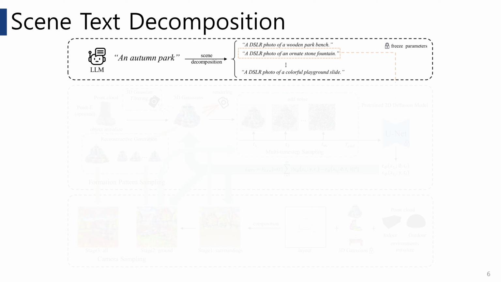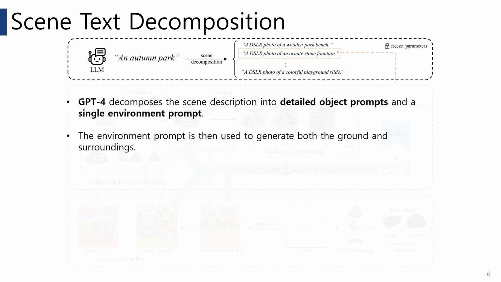The first step in the pipeline is scene text decomposition. Given a scene description like an autumn park, GPT-4 decomposes it into detailed object prompts and a single environment prompt.